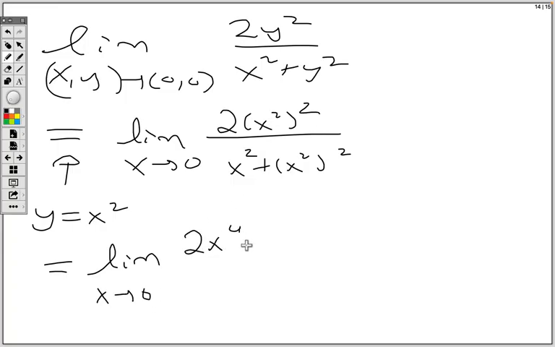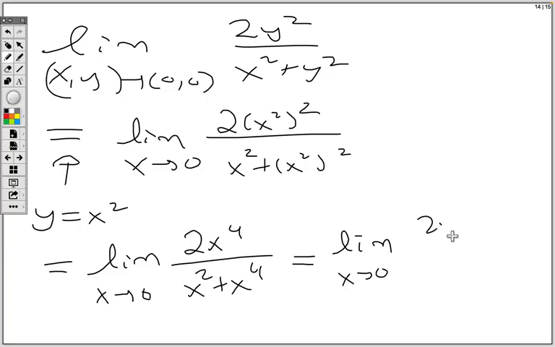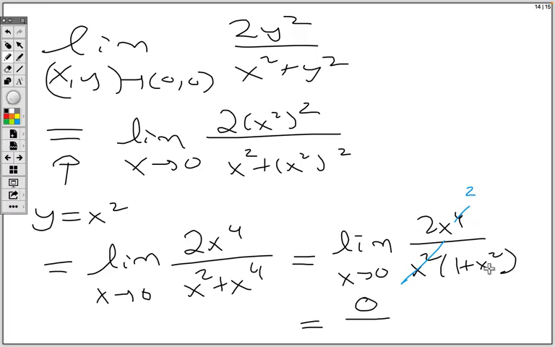You'd have 2x to the 4th over x squared plus x to the 4th. And we could factor an x squared out of the denominator and get a little cancellation. So as x goes to 0, we've got 2x squared in the numerator going to 0. We've got 1 plus x squared going to 1 in the denominator. And sure enough, that's 0. Okay.